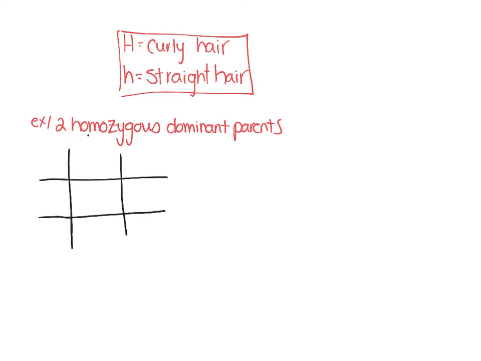Okay, where the information from one parent is here and the information for our other parent is here. We have 2 homozygous dominant parents, meaning that we have only the dominant allele. So in this case, we'll have big H, combining with big H, big H. And we'll put those in like this.